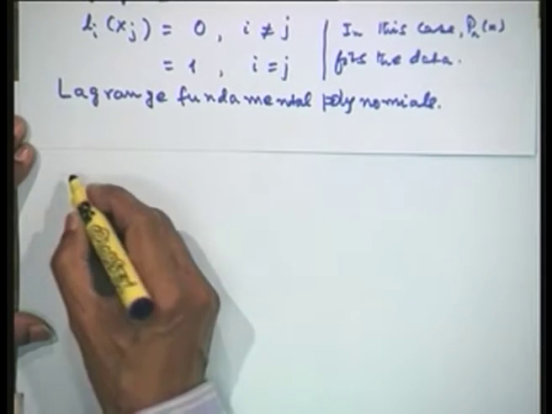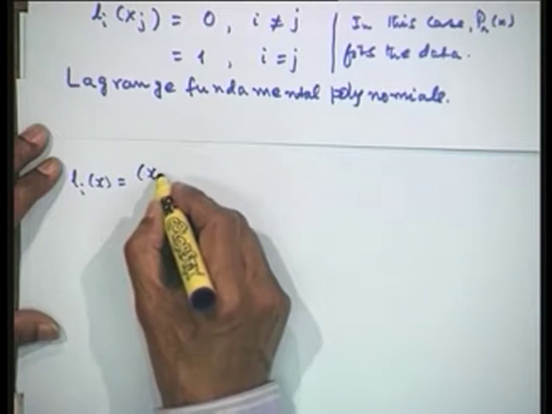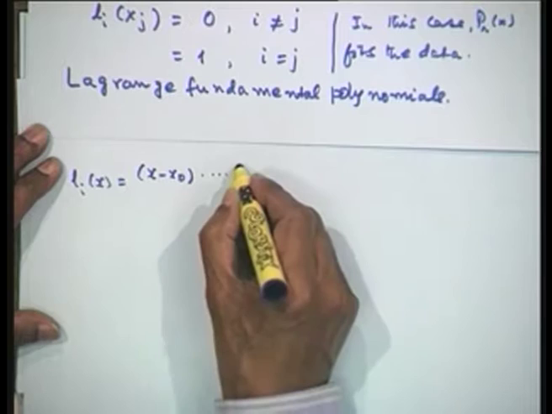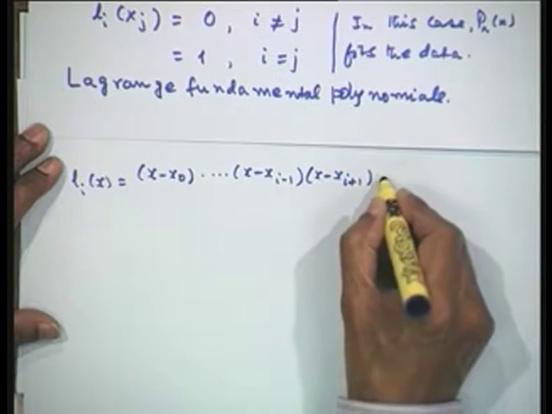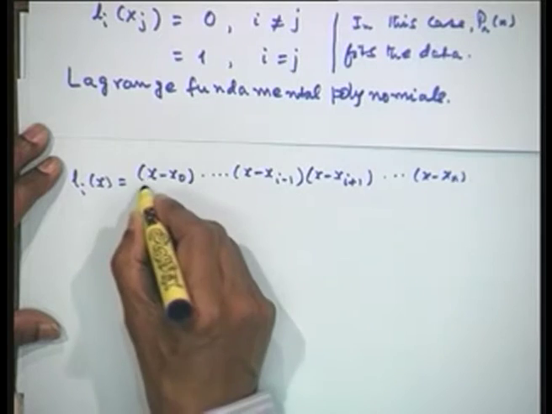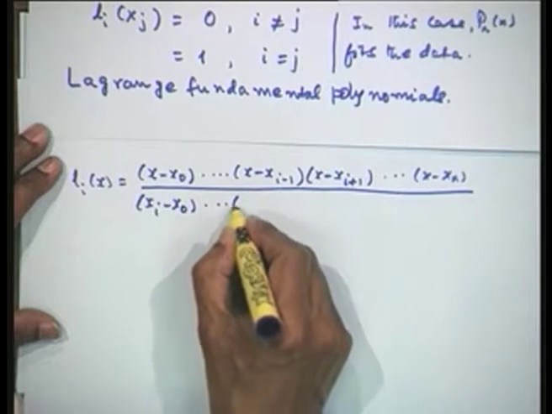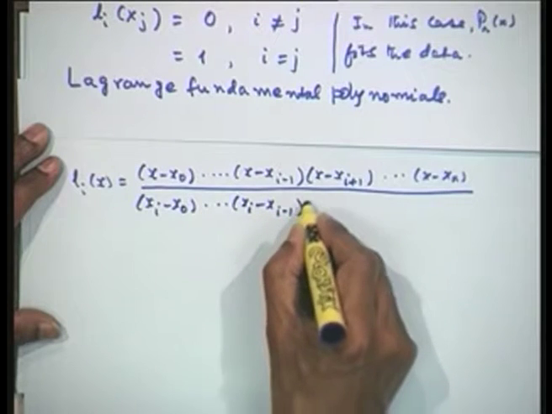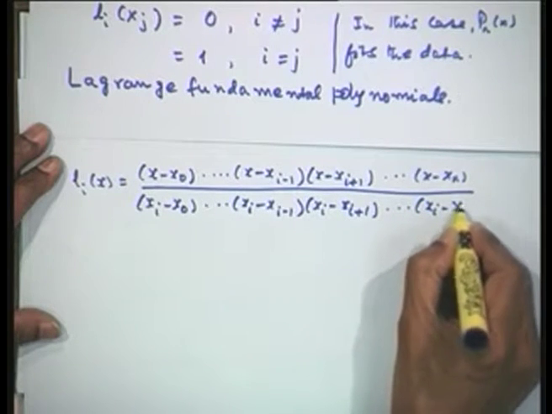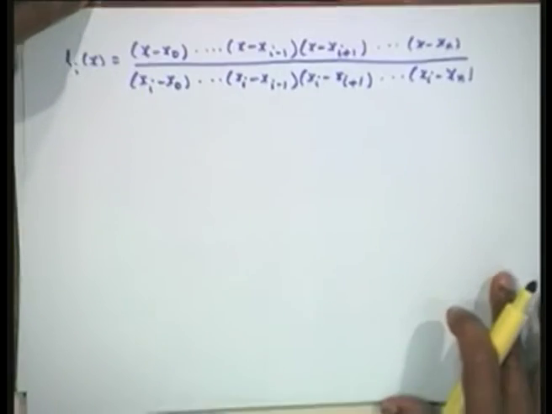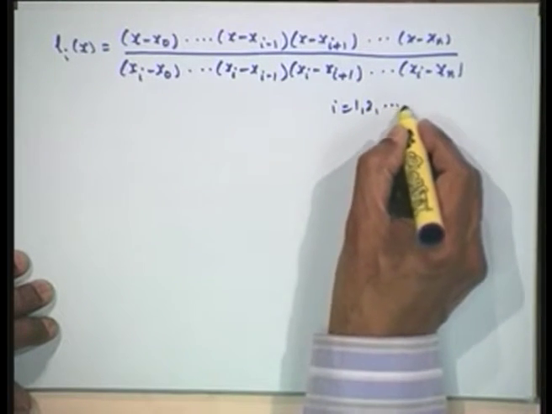That means I can now define a polynomial Li(x) as equal to, in the numerator, x minus x0, all the products, x minus x(i-1), x minus x(i+1), ..., x minus xn, and in the denominator, xi minus x0, xi minus x(i-1), xi minus x(i+1), ..., xi minus xn, that is i is equal to 1, 2, 3 so on n.